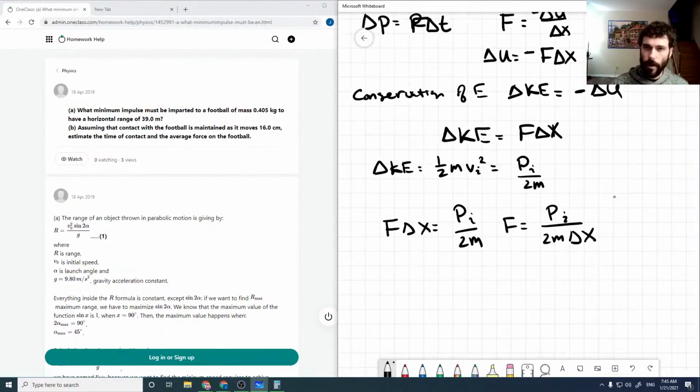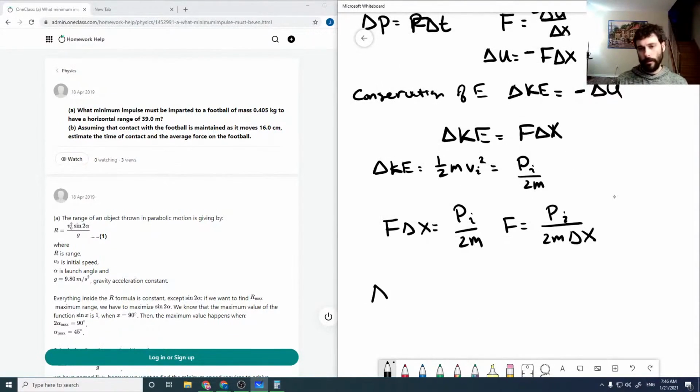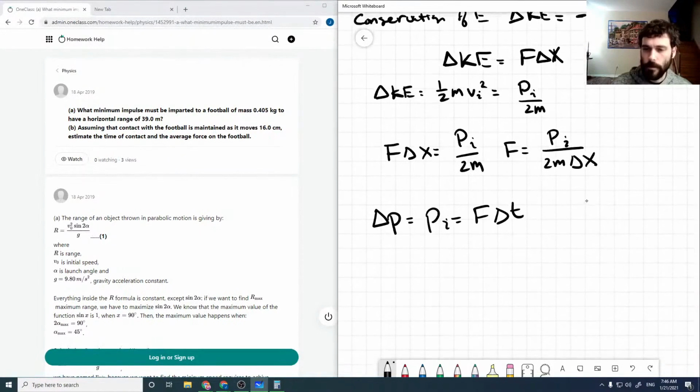And then from our impulse expression, we have delta P, which is our Pi, is equal to F delta T. And, oh, I just wanted delta T, so that's okay.